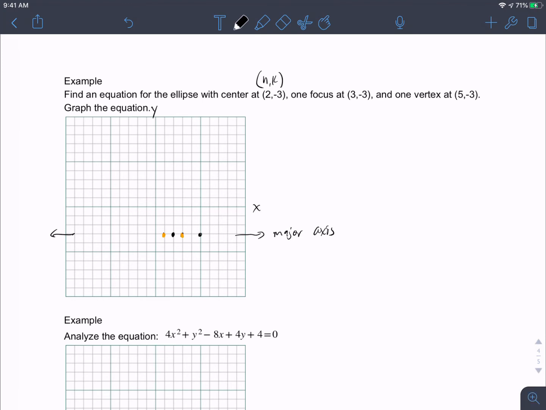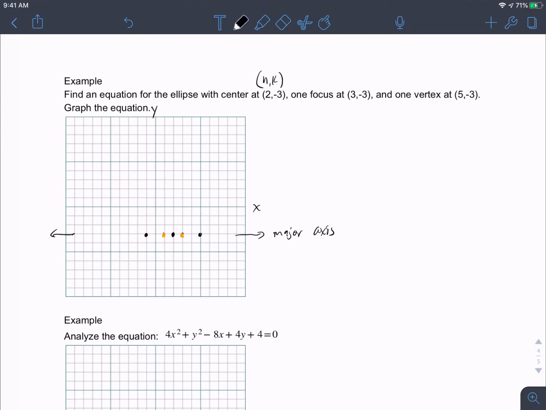And since it's at 5, -3, we're also going to have a solution on the other side, and it's 3 away, right? So that's 1, 2, 3. So here is the other focal point. I'm just trying to show you guys how I would graph this thing.